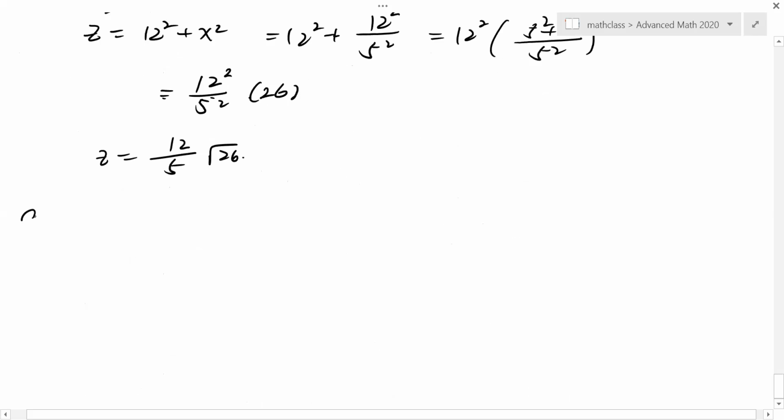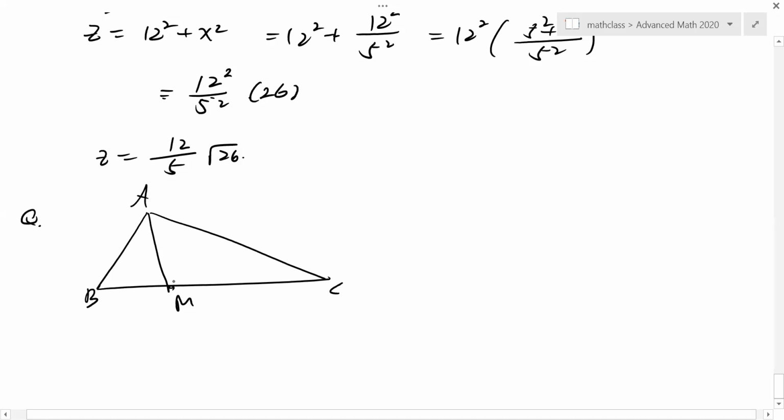All right, so I'm going to ask you to take a look at the next problem. Right, here's a triangle A, B, C, and this is an M. AB is going to be 7, AC is going to be 8, and BC is going to be 9.